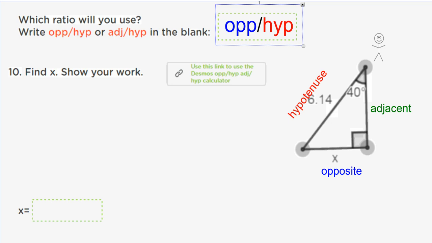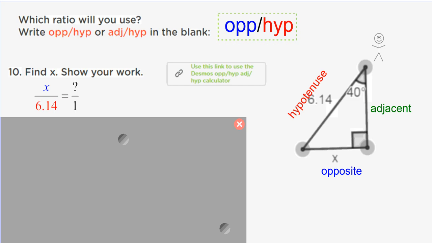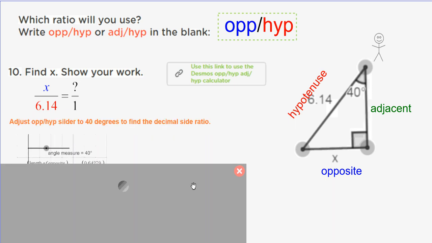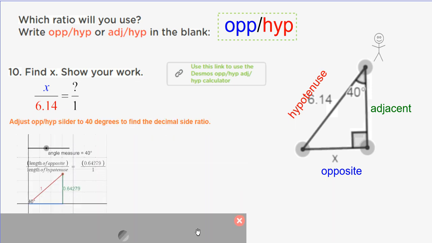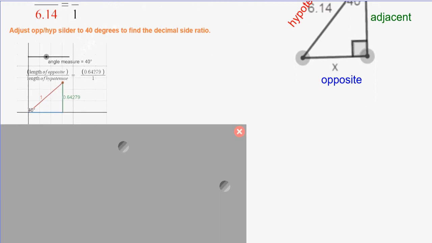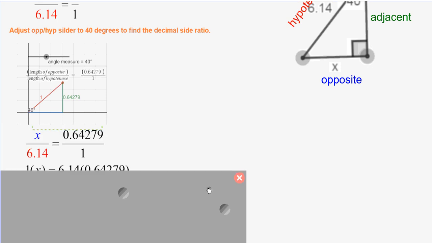So if I think about this, getting my proportion started, opposite over hypotenuse, X over 6.14 equals some other ratio over 1. So I have the angle measurement here, 40 degrees. I'm going to set my slider to that angle and see that I need 0.64279 to complete my proportion. So once I have that, again, we're going to do our cross products to help us solve.